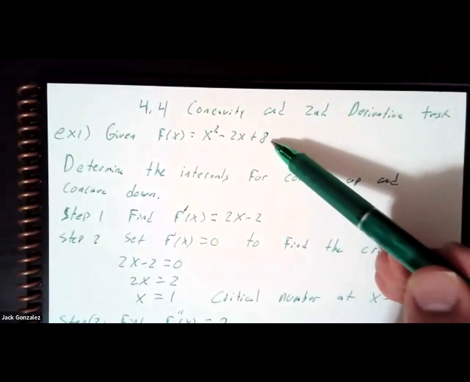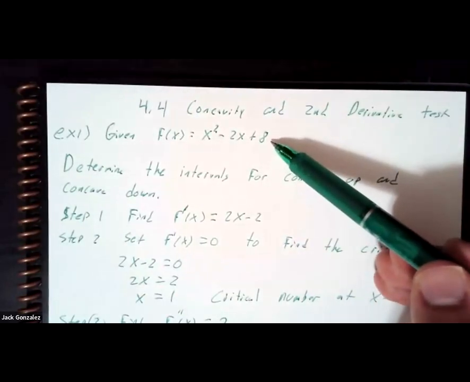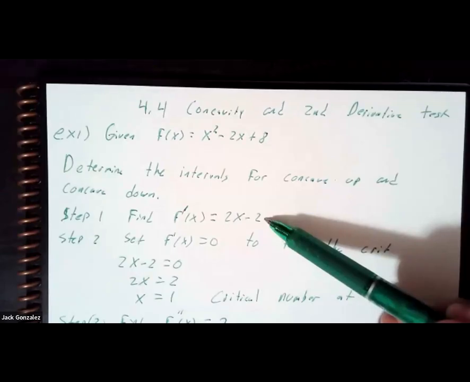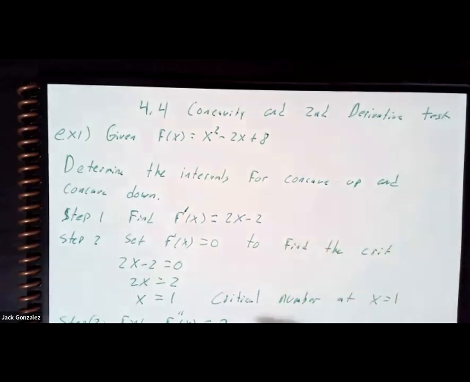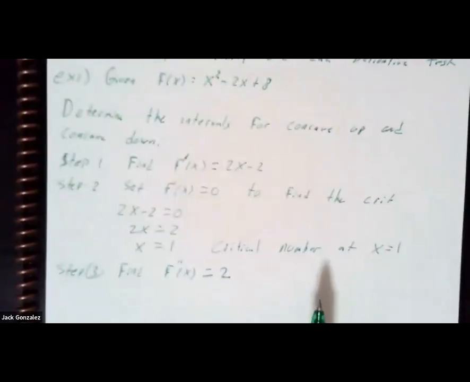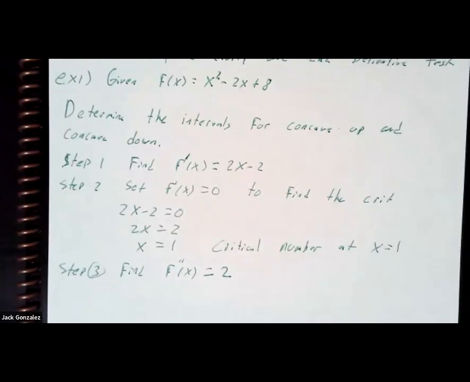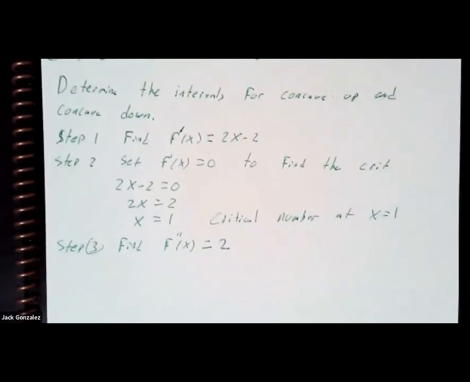What is the derivative of x squared minus 2x plus 8? 2x minus 2. What is the derivative of 2x minus 2? It's going to be 2, because the derivative of negative 2 is 0 and the derivative of 2x is 2.